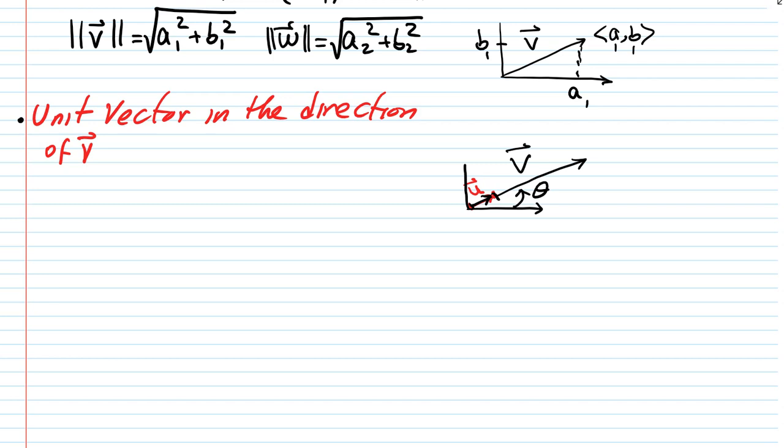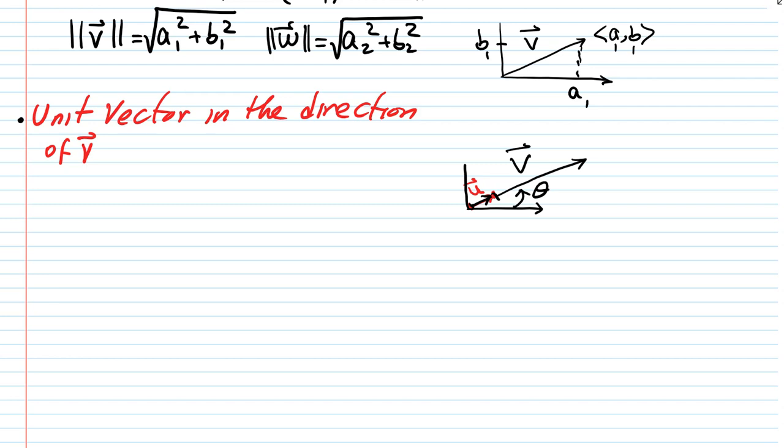So I can write vector v as the magnitude of the vector times the unit vector. Remember this relationship? I'm writing it here now. The unit vector, we just said, I can write as cosine theta times i plus sine theta j. And remember, don't multiply these, theta times i. This is what it looks like.